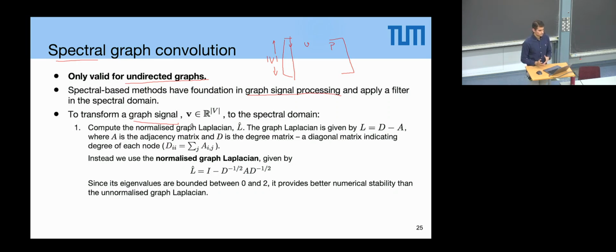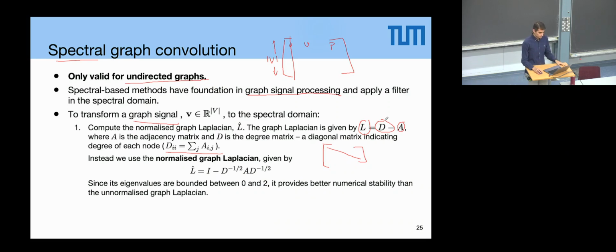To compute these, first we need the adjacency matrix, and we compute the Laplacian matrix, which is obtained by subtracting the adjacency matrix from the degree matrix. This degree matrix is just a diagonal matrix that contains the degree of each node in the diagonal. We can compute it by summing over the rows or over the columns of our adjacency matrix.